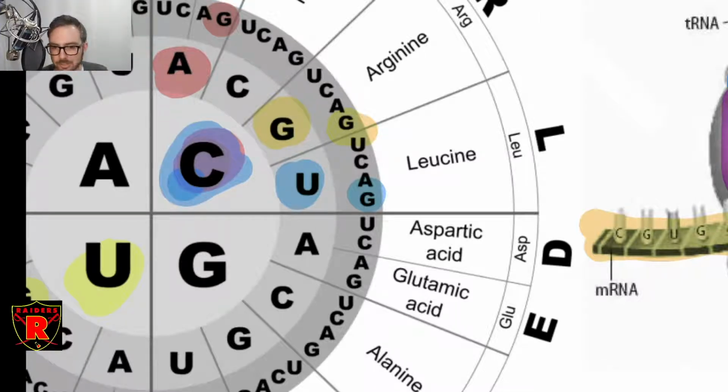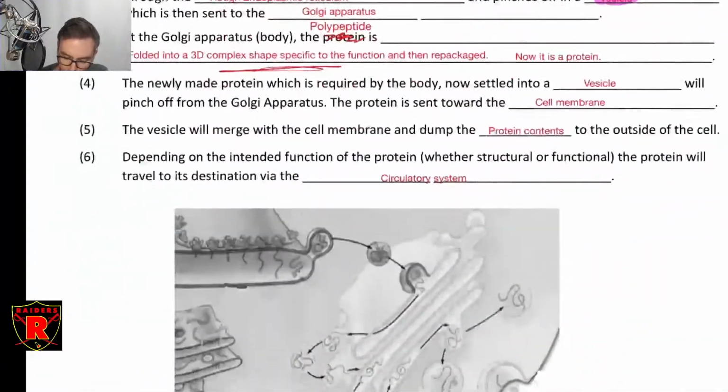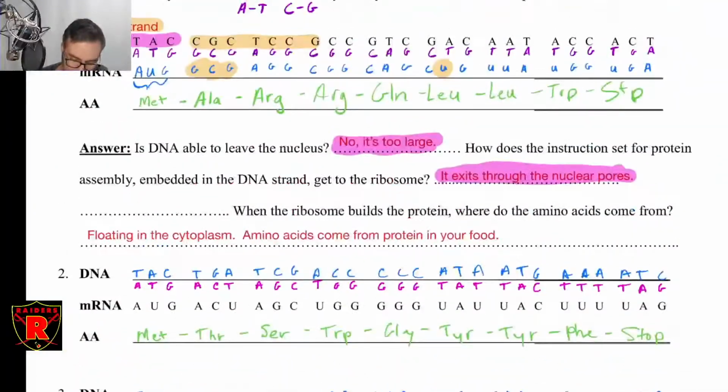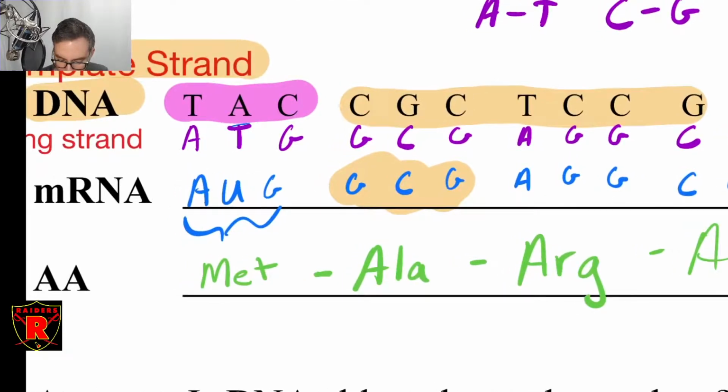So that exists. And the other thing to note is that the worst possible thing that you could get is a letter inserted into the sequence, a bonus letter. For example, if in our DNA we added in a letter here, that can happen.